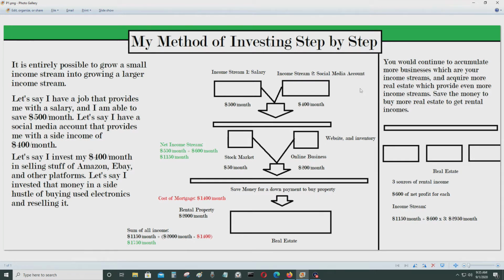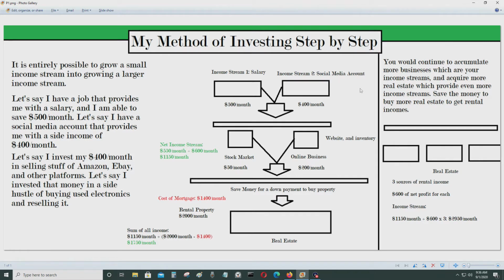Let's say I'm using that income to buy electronics, or I could use it to buy clothes and resell them on eBay or Amazon, right?